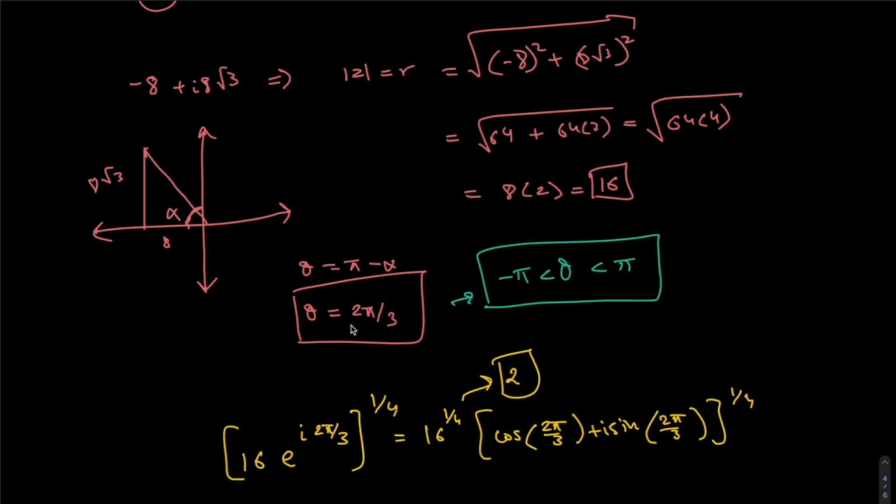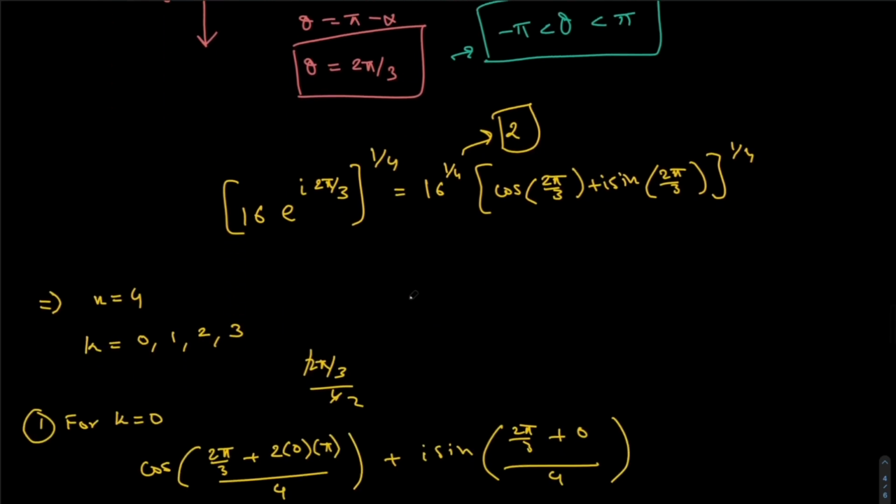But there can be a possibility that the angle will come here, or somewhere here. The complex number can also be somewhere here. In this case, you have to be sure you take the range of theta to be from minus pi to pi, and you don't add pi to this, right? You don't go beyond pi when you're finding the principal argument. Just be sure of it. Just keep in mind, right? I made a note of it here, but in this case, it worked out really well.